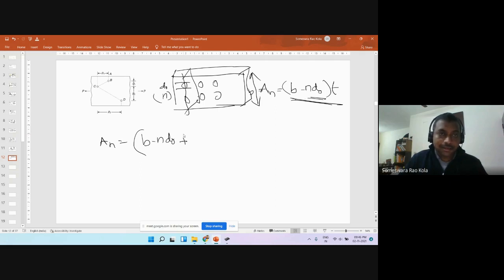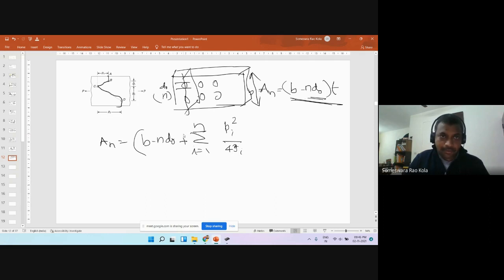Now let's say the section is going to fail in this zigzag manner because the bolts are placed in this zigzag way. So for this case, we'll have to account for that one. That will be the summation over I equal to 1 of pi square by 4gi. Now, what is pi?